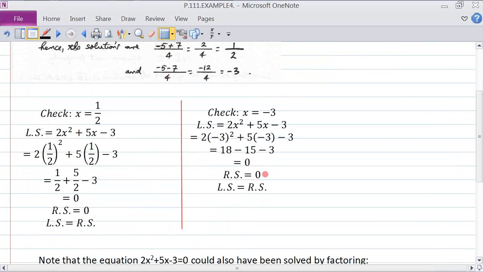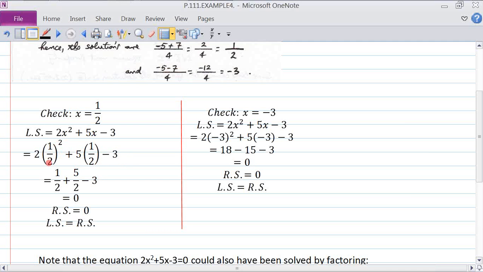So if we check the answer and substitute x equals a half into this equation, we have 2x squared, where x is a half, squared, plus 5x, 5 times a half, minus 3. So this is just arithmetic.